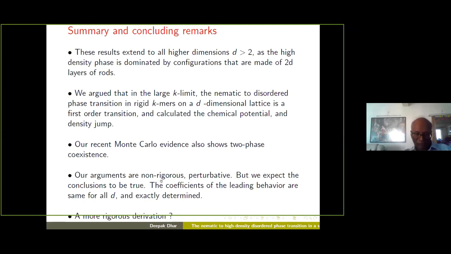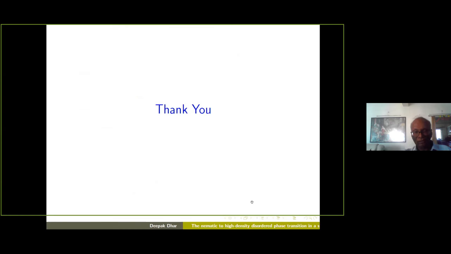The arguments we gave were not rigorous, they were perturbative, but we expect the conclusions to be true. It's very intriguing because the coefficients were exactly determined, and they are these simple numbers, 1 for all dimensions. It would be nice if one can have a more rigorous derivation of these results. So that is where I stop.